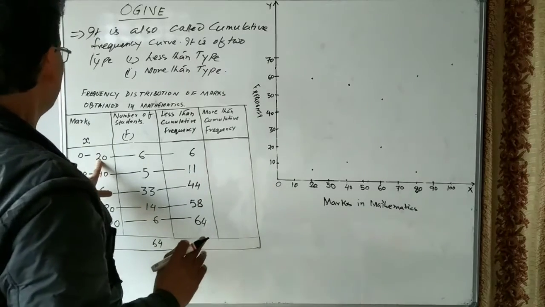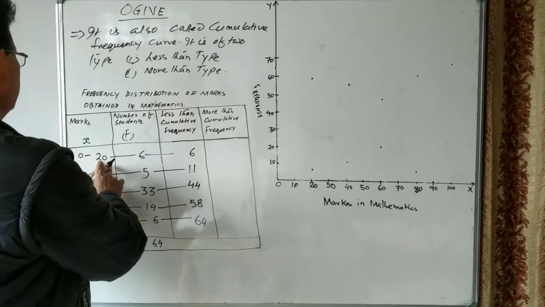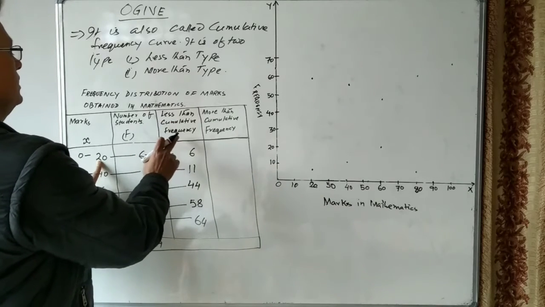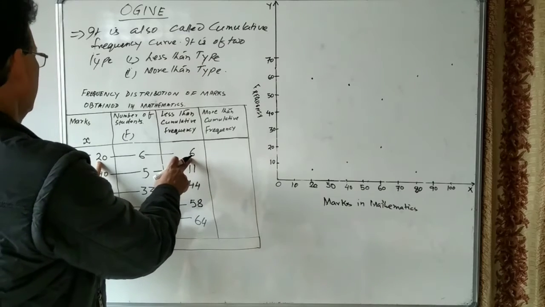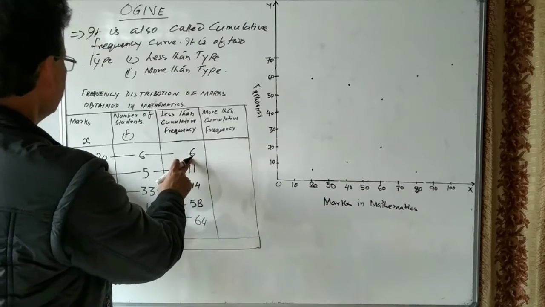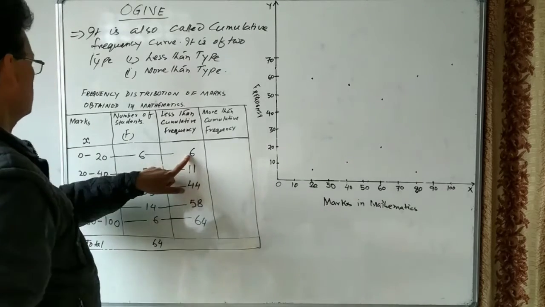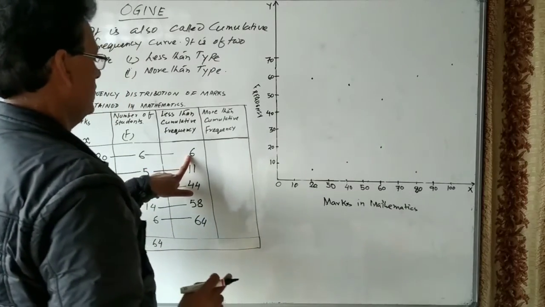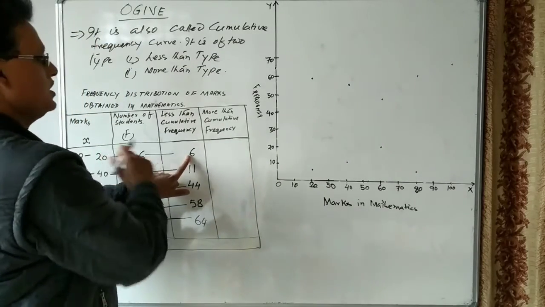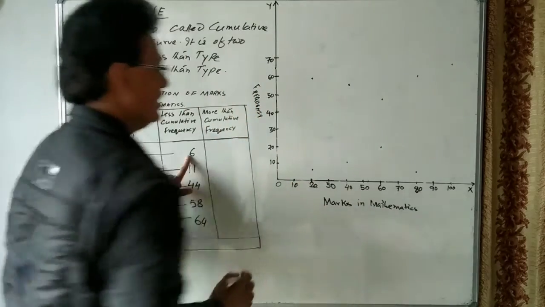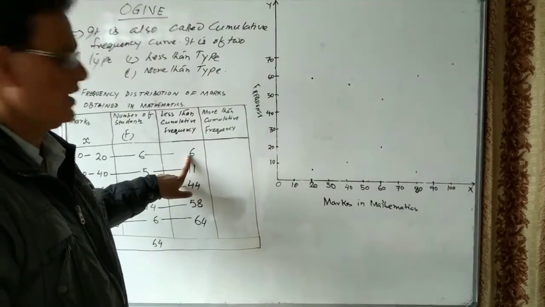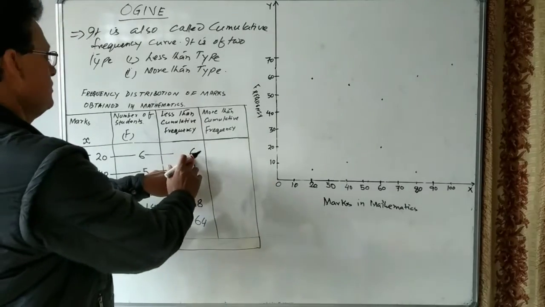Let us see, here it is given less than 20 cumulative frequency. How many students have got marks less than 20? 6 students are there. So for less than, we'll take the upper limit of the class and the cumulative frequency.